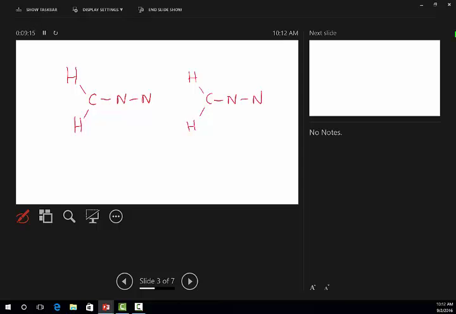This all has a negative charge. So these are all anions. That makes a big difference in the structure. So there were 3 of these for CH2N2 minus. Does anybody want to volunteer a structure that you got?